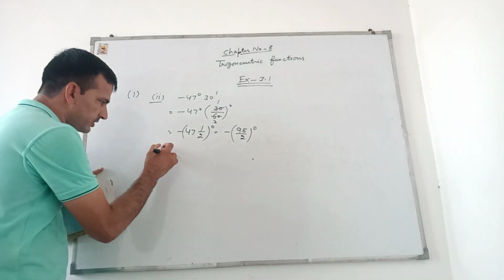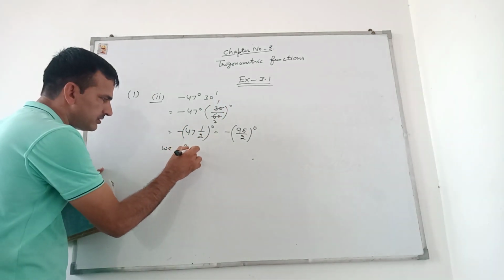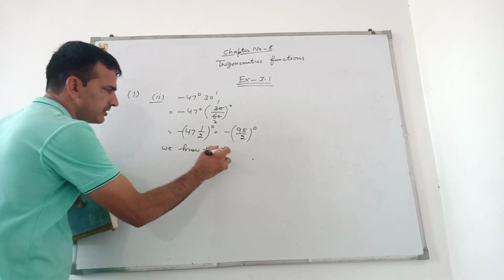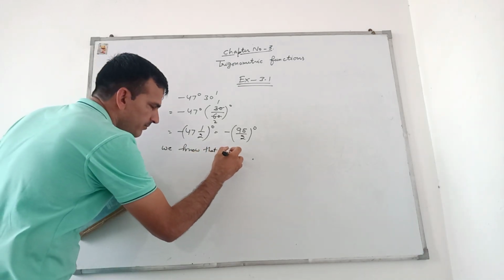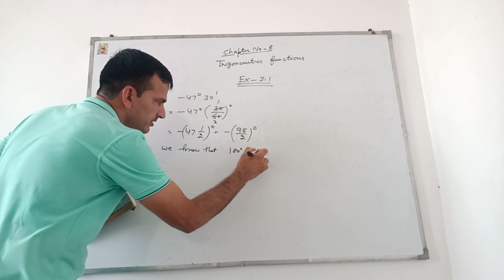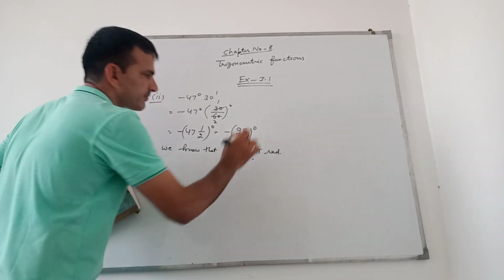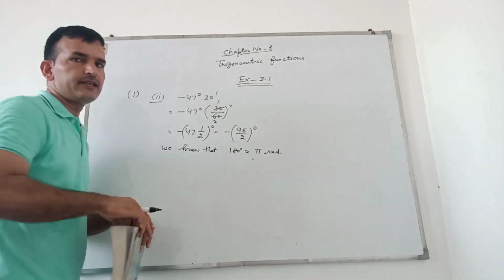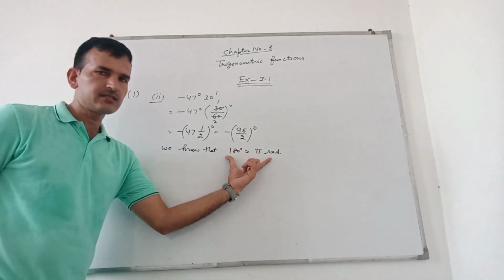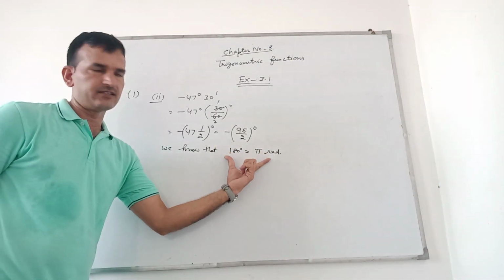Now we know that 180 degree equal to pi radian. This is the relationship between degree and radian.